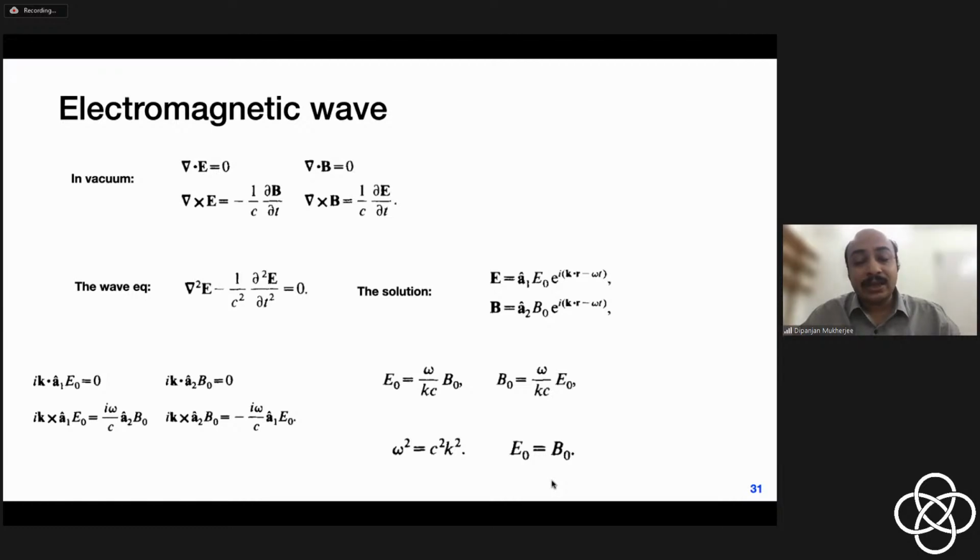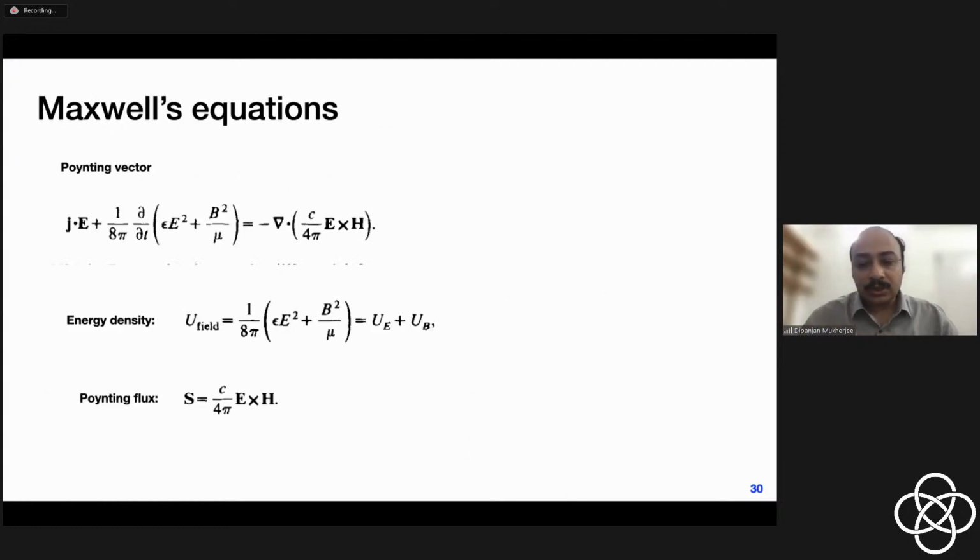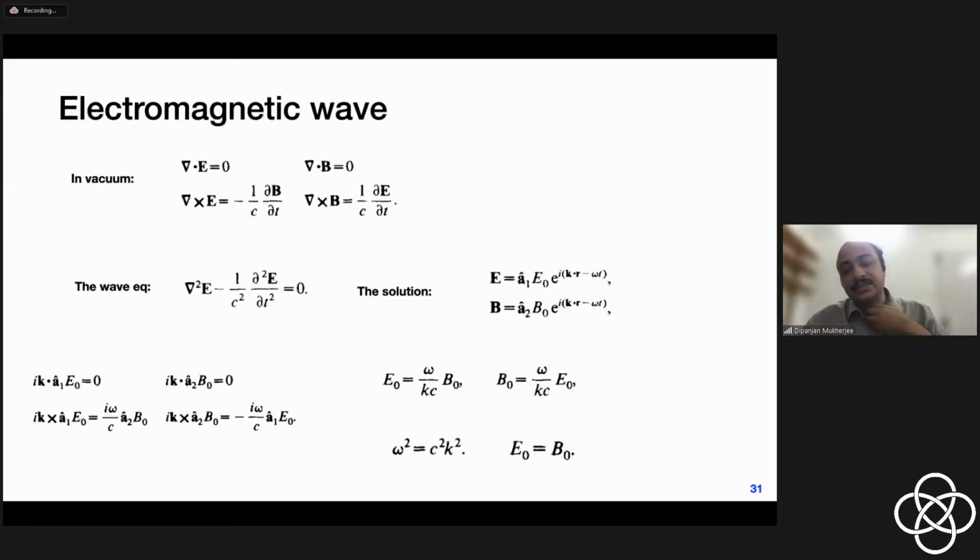This is a very important quantity to remember, because when we model emission from different sources, for example an electron moving in an accelerated way in a curved path, we can compute its electric field. We can also compute the magnetic field that this acceleration would produce, and the total energy density has to be related in this way. But in CGS, if you find one, you can find the other. It's very simple.